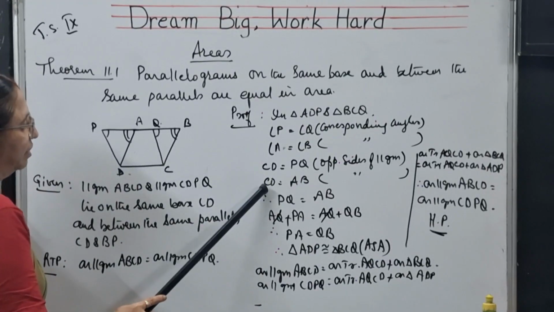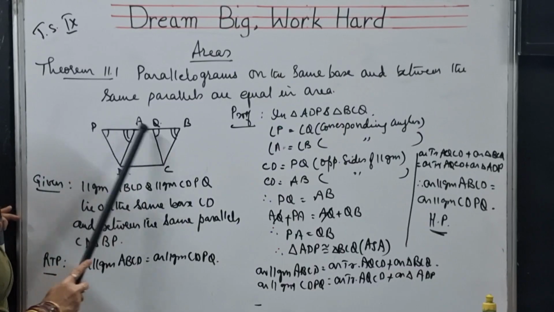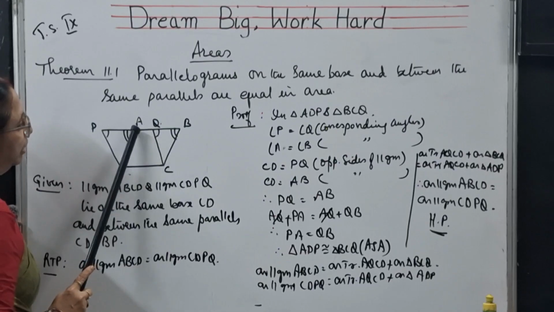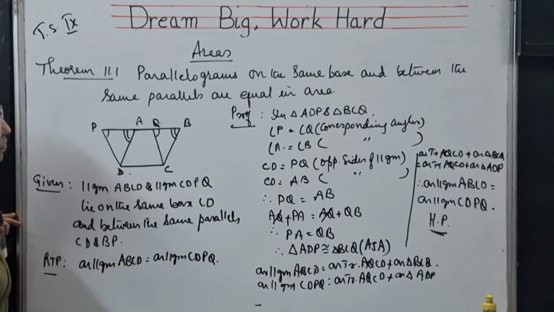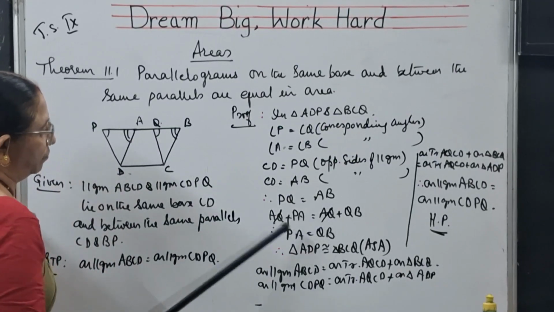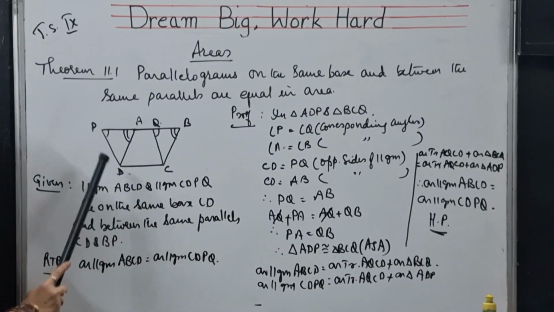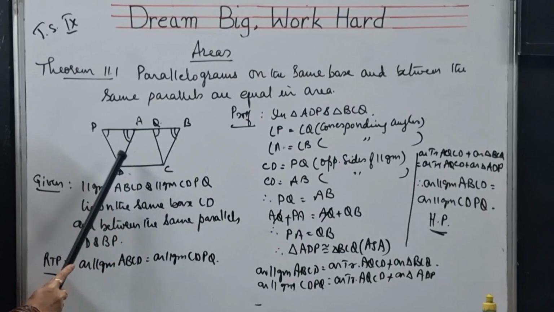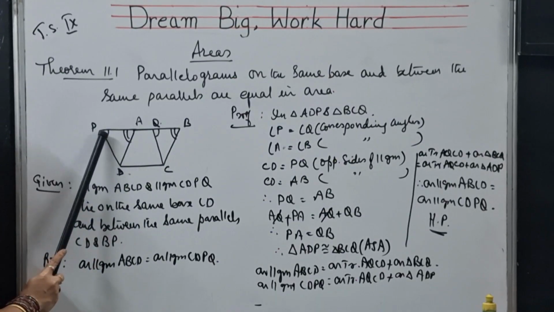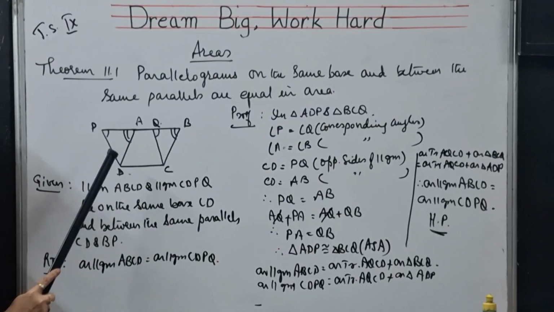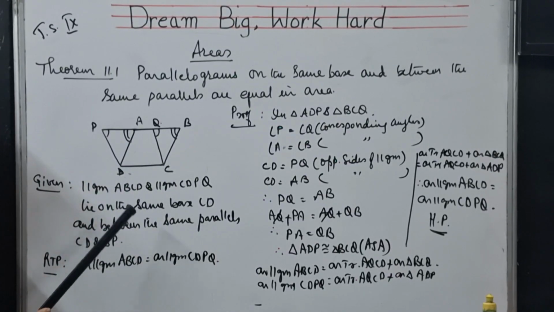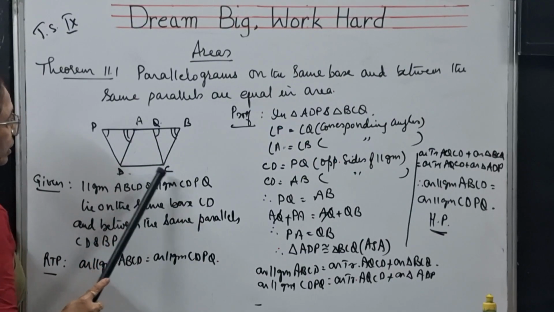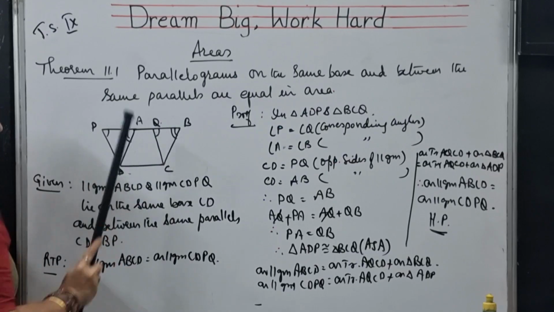That means what? LHS are equal, RHS will be equal. So what is PQ? PQ is nothing but AQ plus PA. Similarly, AB is nothing but AQ plus QB. So in this case, if you cancel AQ, PA is equal to QB. So in these two triangles, two corresponding angles are equal, included side is equal. So two triangles are congruent basing on angle side angle property. So when these two triangles are congruent, area of ABCD is nothing but area of trapezium AQCD plus area of triangle BCQ.